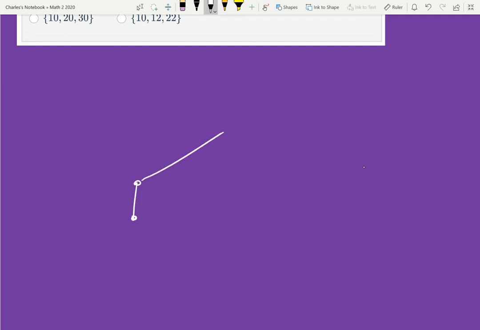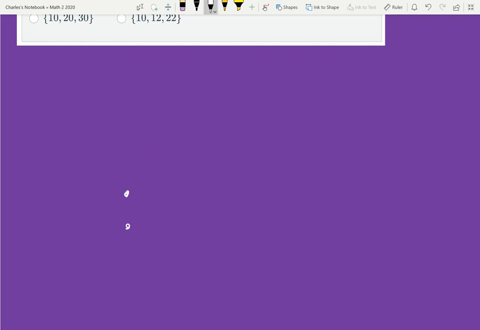I could make it go that way, or that way, or that way. The side lengths are going to be the same. Then you can think of what's the longest that third side could be. And there's a certain length that it could be.